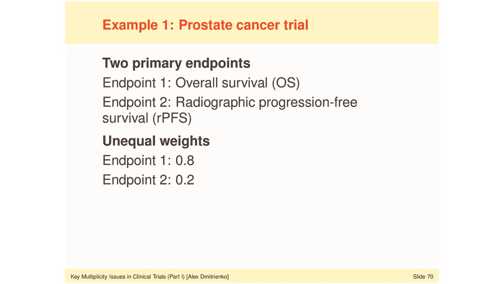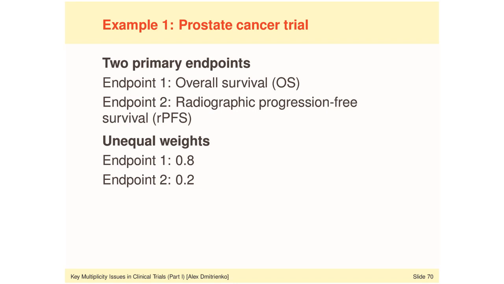Endpoint 1 was based on overall survival. Endpoint 2 was based on radiographic progression-free survival. The weights that are predefined and assigned to those individual endpoints are shown below. The weight for the first endpoint is 0.8, and the weight for the second endpoint is 0.2.